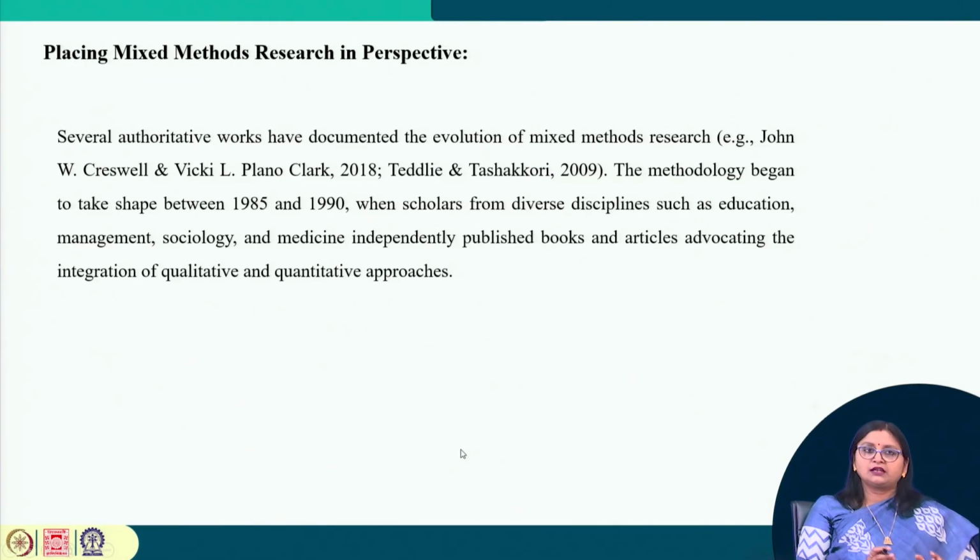When we are talking about mixed method research, several authoritative works have documented its evolution, by John Creswell and Clark in 2018, Teddlie and Tashakkori in 2009.